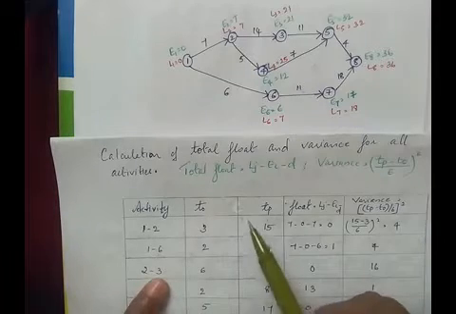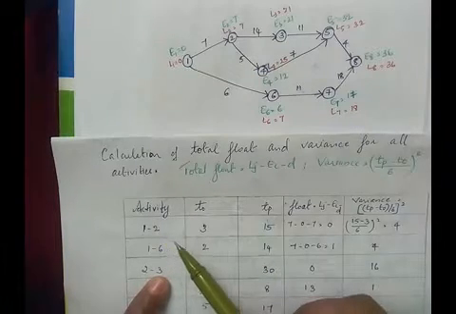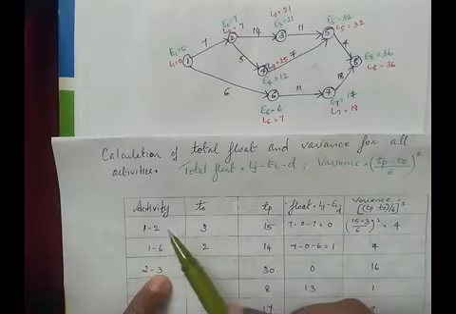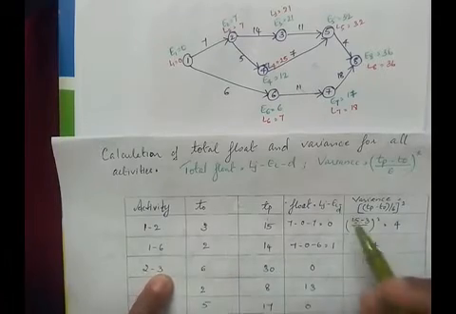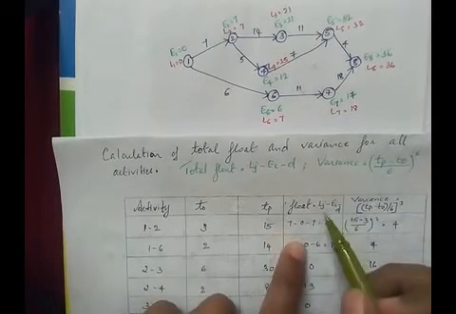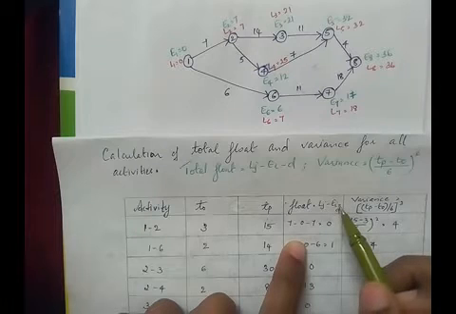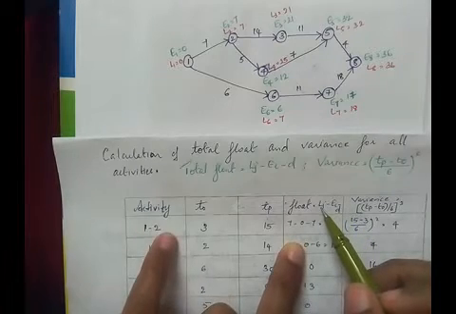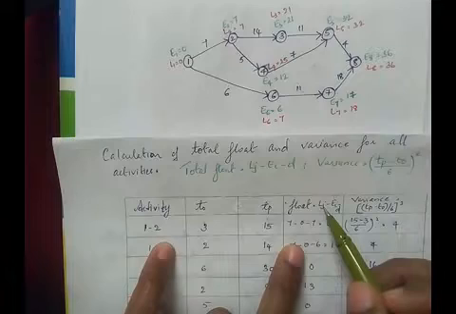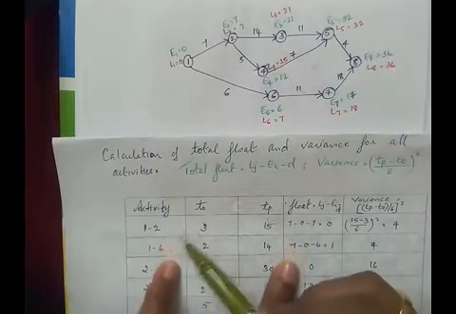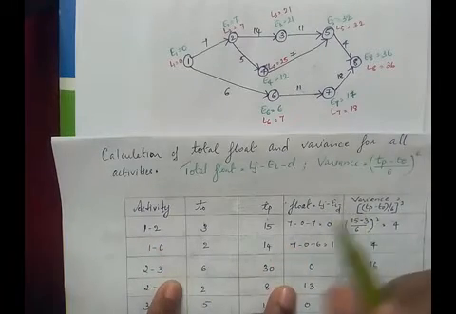Okay, so first let's find the float for the first activity 1, 2. For that we need the values of Lj, Ei and D. J indicates the head event and I indicates the tail event.